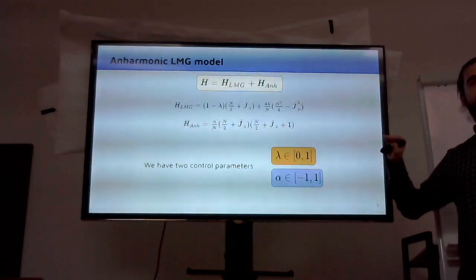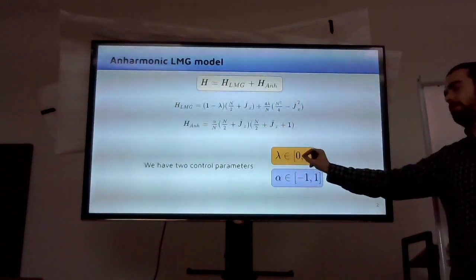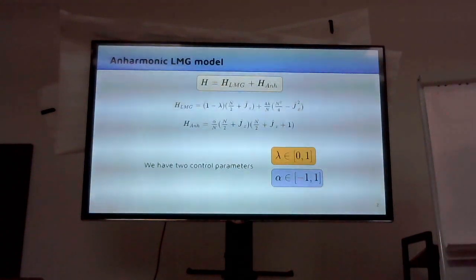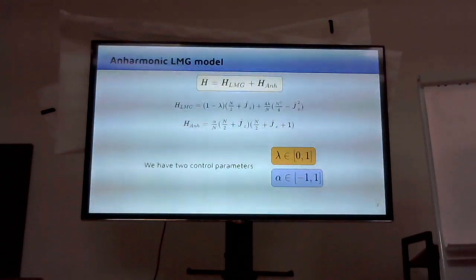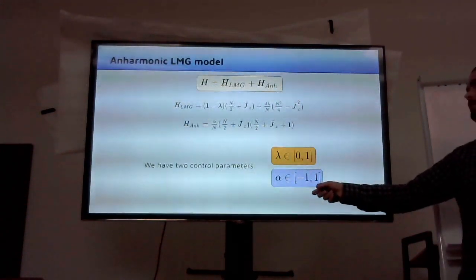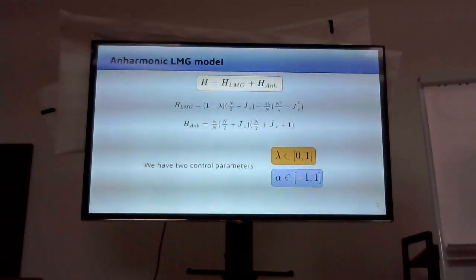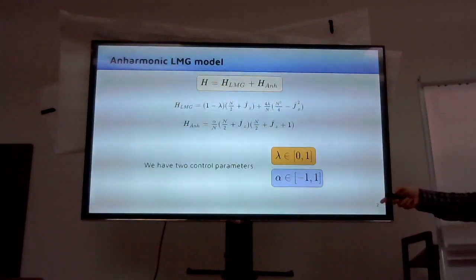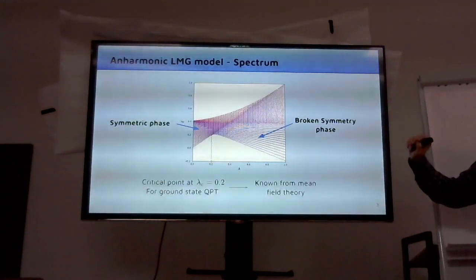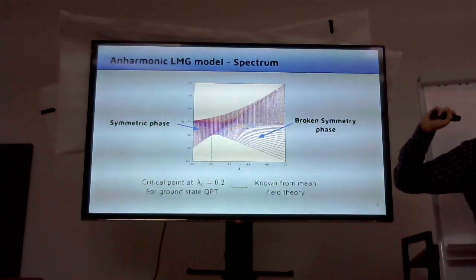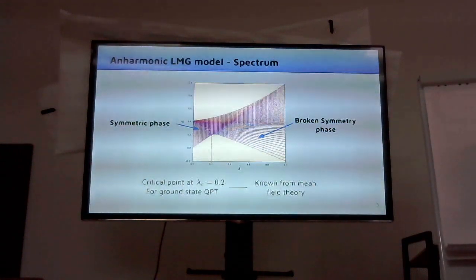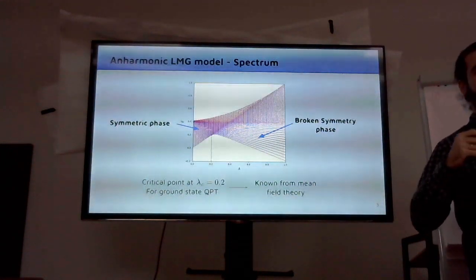But we are not assuming that we can fine-tune these parameters to get the quantum phase of the system, because if we could, we would already know in which quantum phase we are just by looking at the parameter. As I will show you here, the lambda parameter is going to be the order parameter for our quantum phase transition.